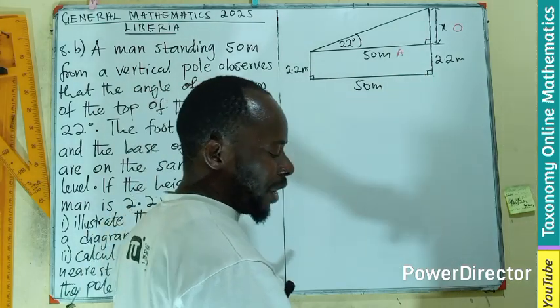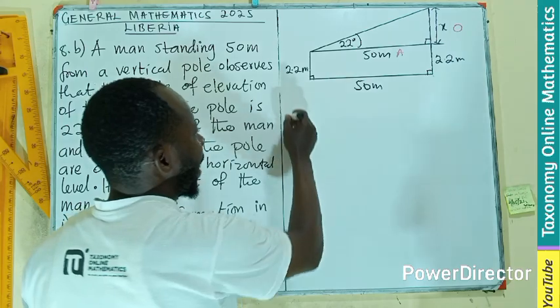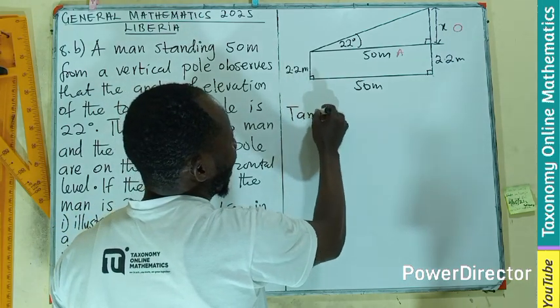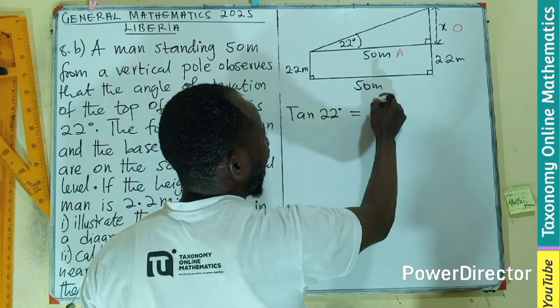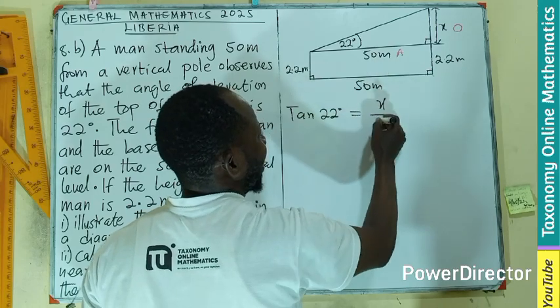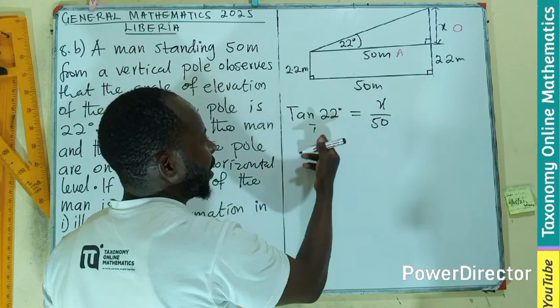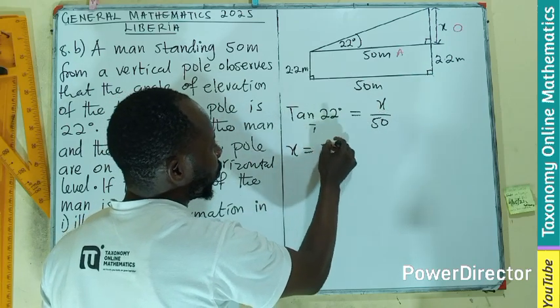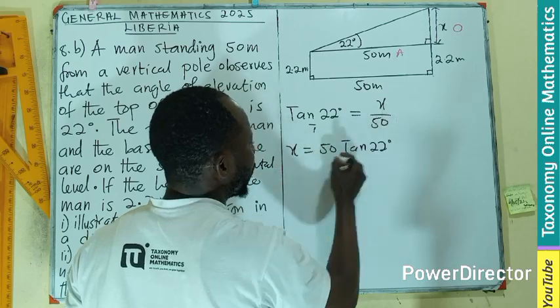So I will be making use of the tan, which is the TOA. So I am just going to have the tan 22 degrees equals to the opposite side x over the adjacent 50. Let's cross multiply. This will come here as x equals to 50 times tan 22 degrees.